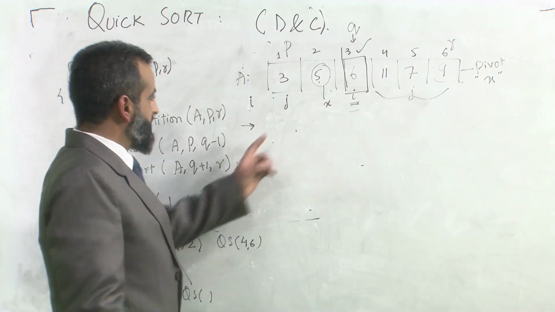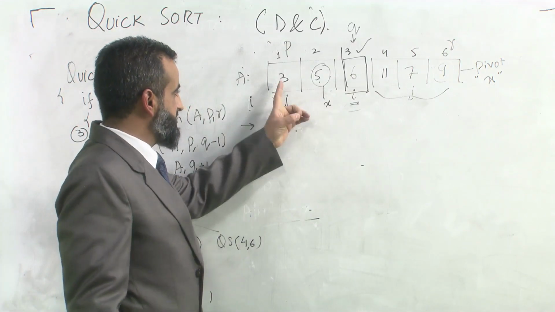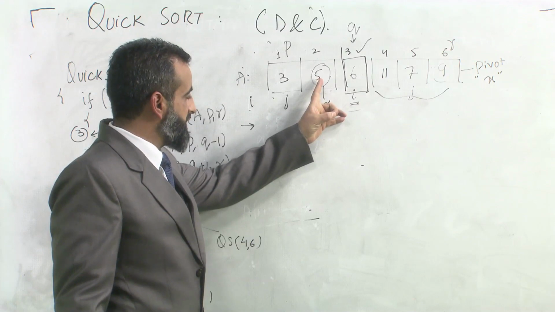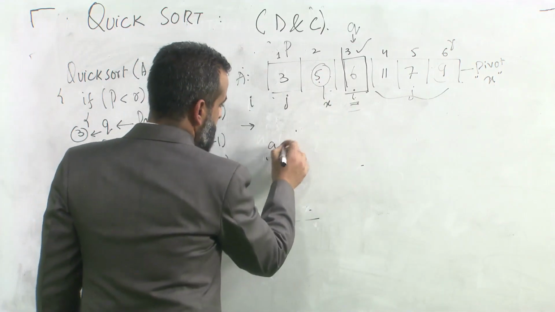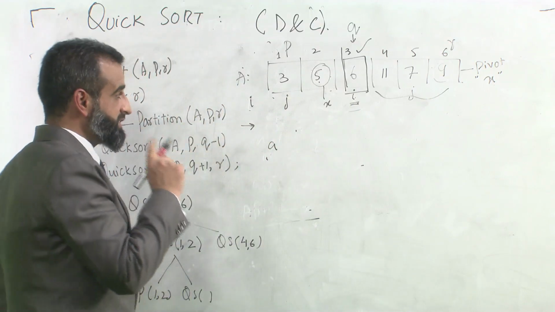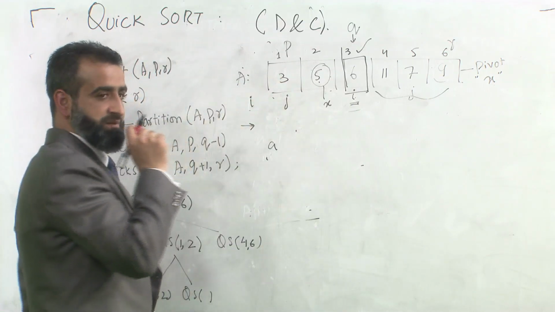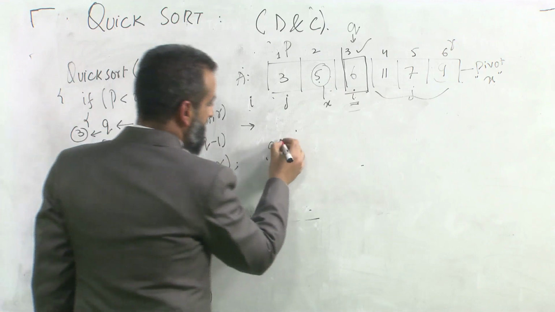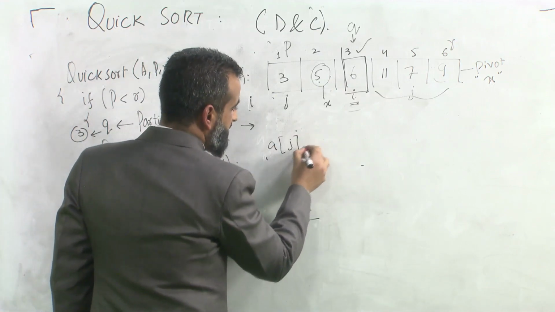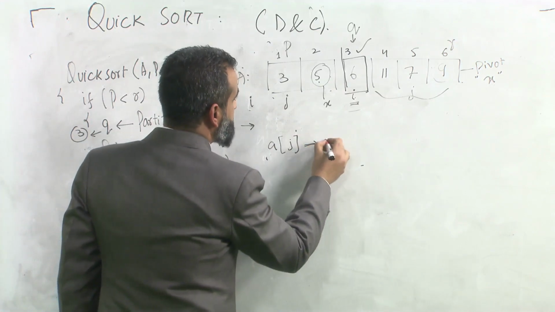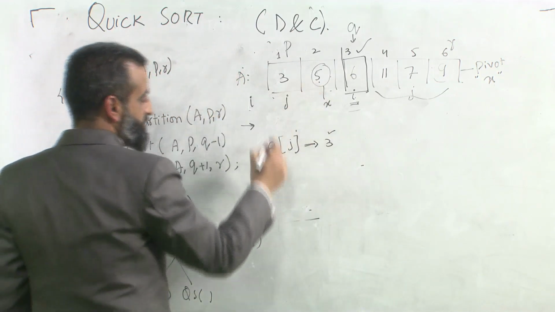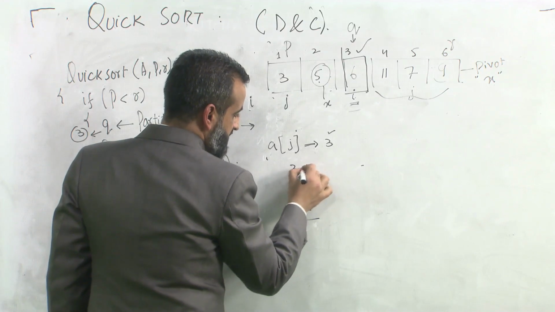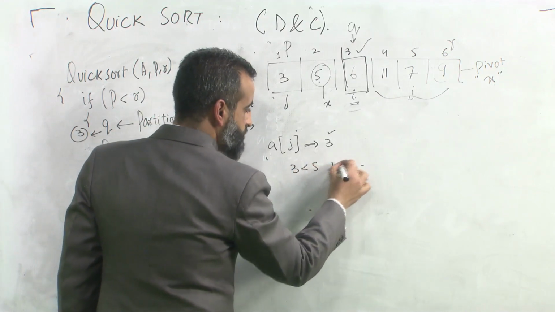We make the necessary comparison of a of j with x: is this smaller than 5? It's very interesting to see how it works, because we have only a single element in this case. A of j is at this point pointing towards a 3, a value of 3. I compare a of j with my pivot element and find that 3 is less than 5. The condition is true.